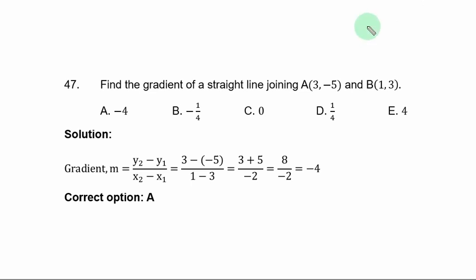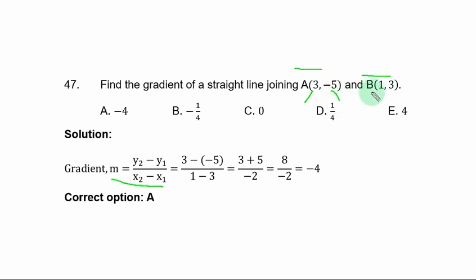Question 47. Find the gradient of a straight line joining point A and B. Gradient is given by this formula. For point A, 3 is X1 and 5 is Y1.